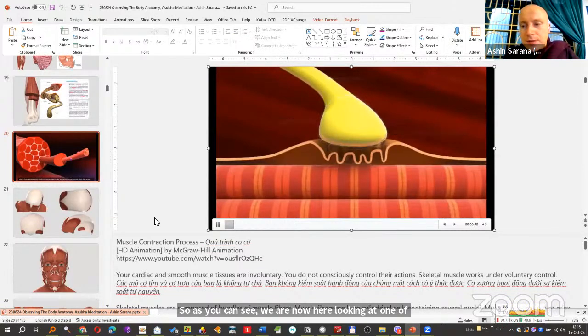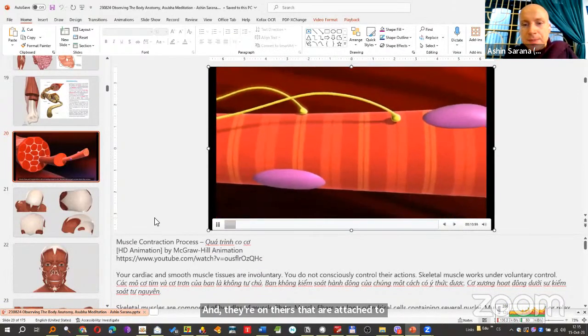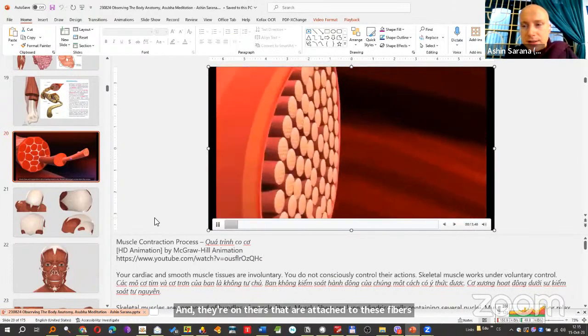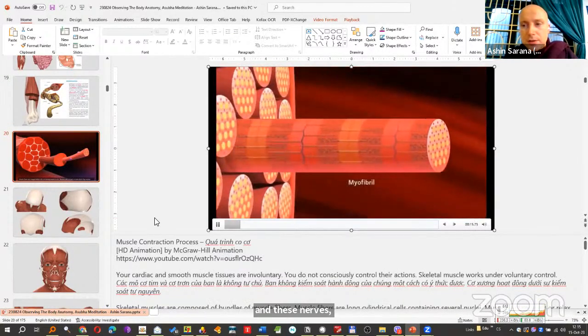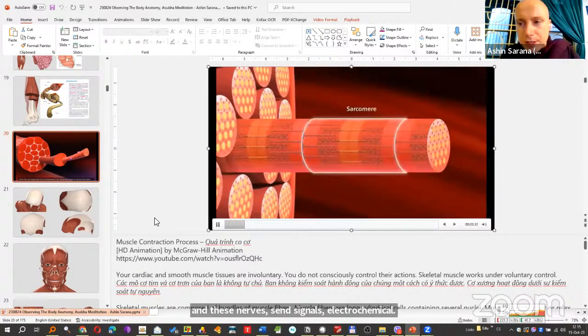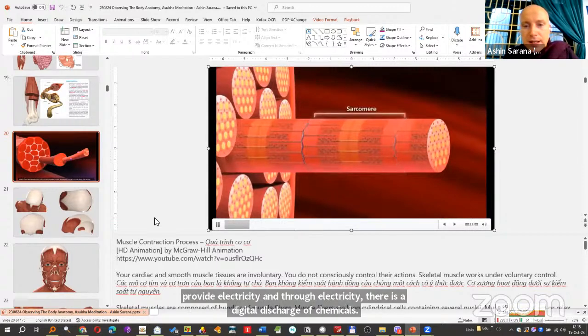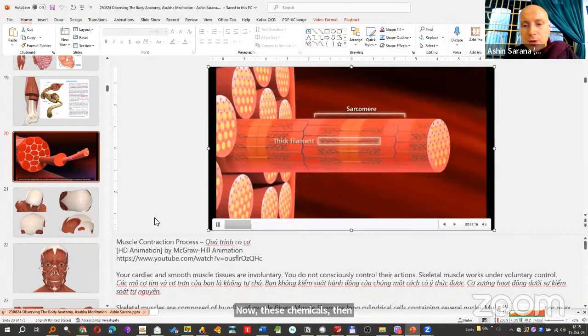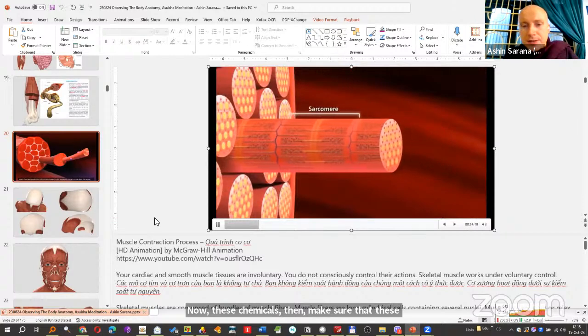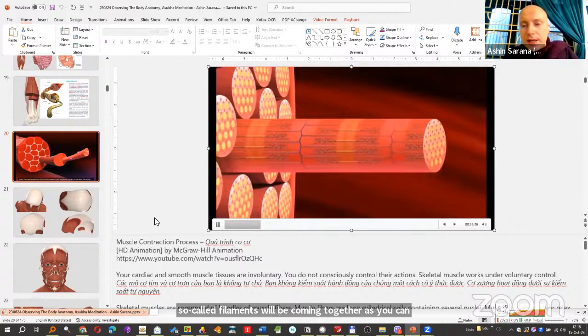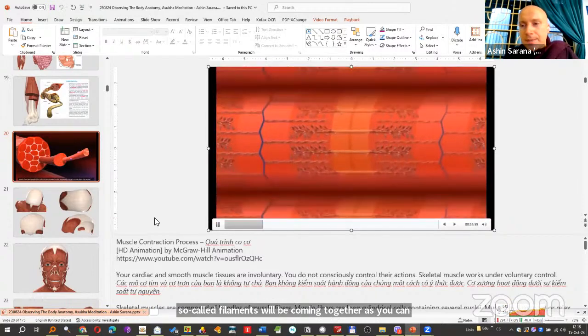As you can see, we are now looking at one of the tiny little fibers, and there are nerves that are attached to these fibers, and these nerves send electrochemical signals. So they provide electricity, and through electricity, there is a discharge of chemicals. Now, these chemicals make sure that these so-called filaments will be coming together. As you can see, the sarcomere is contracting and expanding.